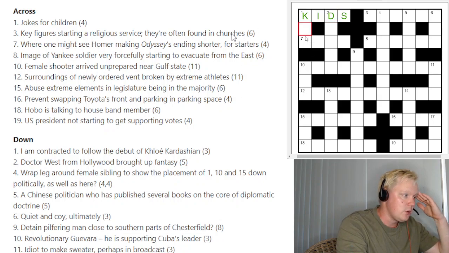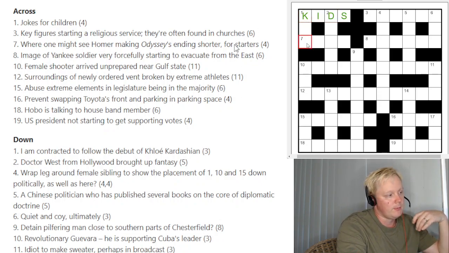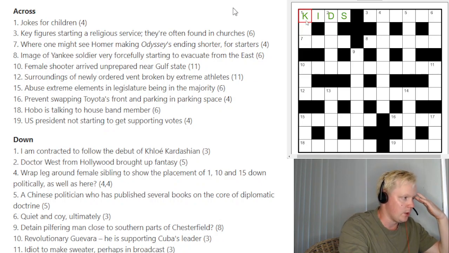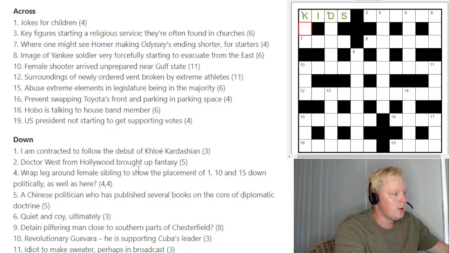Let's do this. I'll try to do this in an order that you might solve it. So using the letters we already have. So one down is here. I am contracted to follow the debut of Khloe Kardashian.